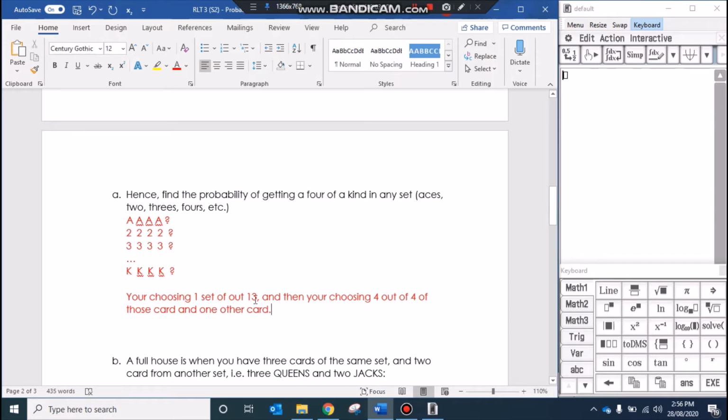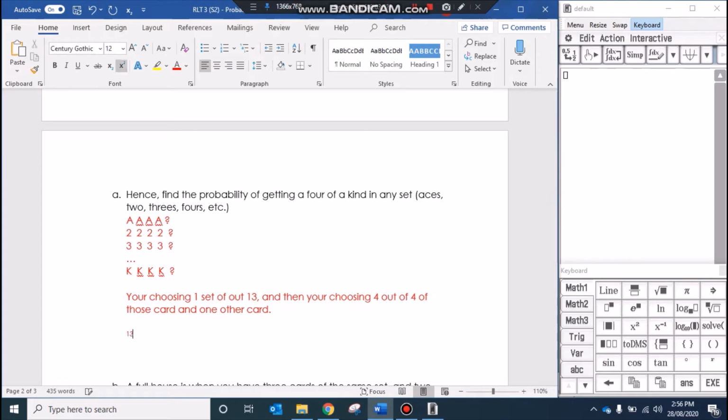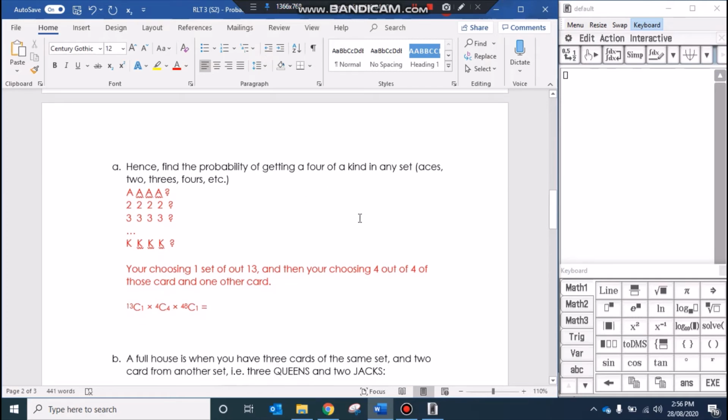So if we're choosing one set out of 13, that's your 13C1. Then we're choosing 4 cards out of 4. Say, for example, if we did choose aces, we're choosing 4 aces out of 4 aces. And then finally, we're choosing one card out of a total of 48 others. So that's the number of combinations where we can get a 4 of a kind in any set.